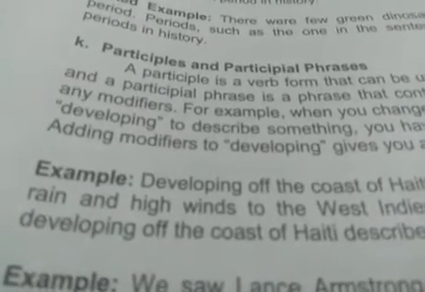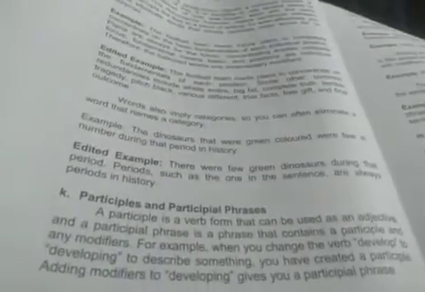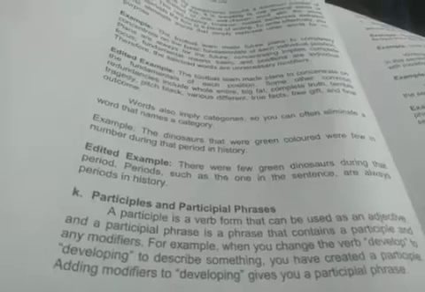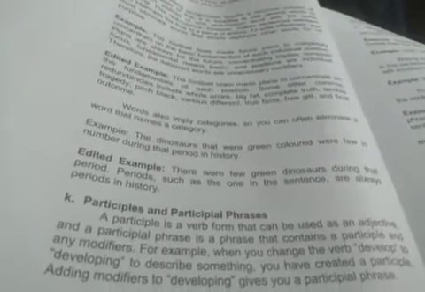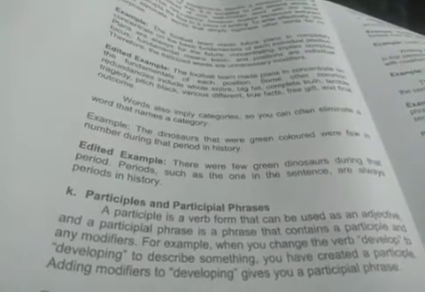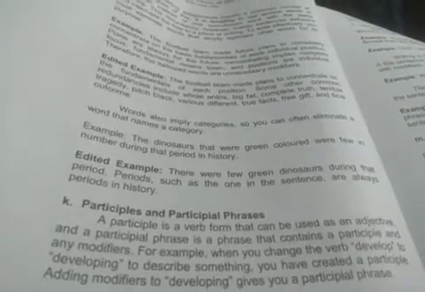Adding modifiers to developing gives you a participle phrase. Example: developing off the coast of Haiti, a tropical storm brought rain and high winds to the West Indies. The participle phrase developing off the coast of Haiti describes a tropical storm.